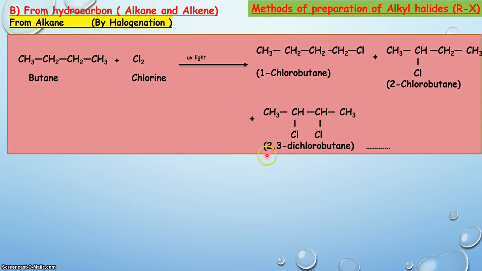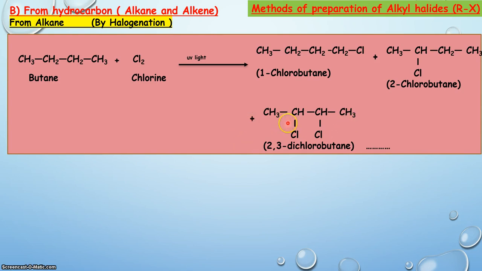The product we will get is 2,3-dichlorobutane. Similarly, we will get different isomeric products on the chlorination of this butane. So, during this halogenation of butane, in addition to the monochloro compounds, isomeric dichloro and trichloro compounds are also possible.